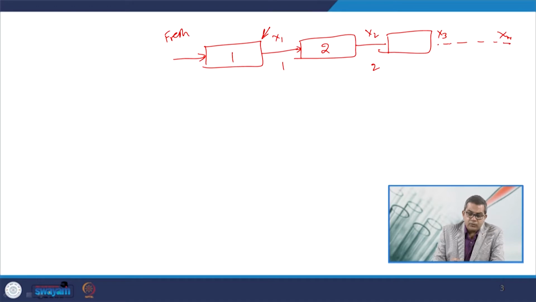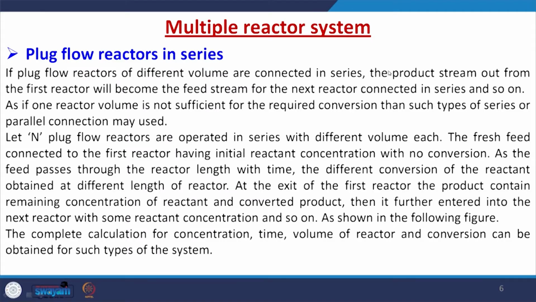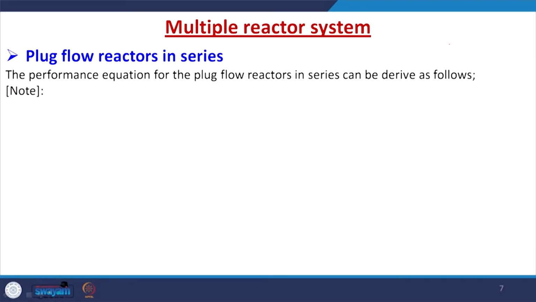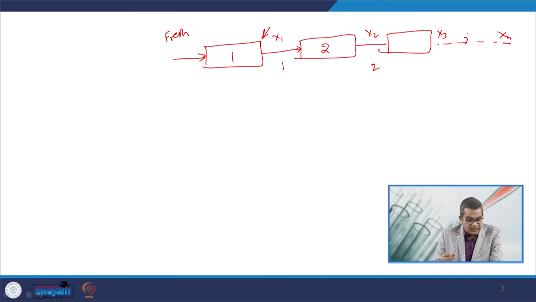Now, sometimes we need to take the material balance. In that case, you need to calculate the performance equations. When we carry out the performance equation, the first and foremost thing is that you need to carry out the material balance on a reactor. So, let us say that this is one of the reactors, the ith reactor.